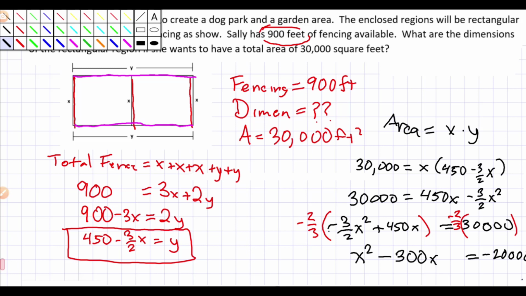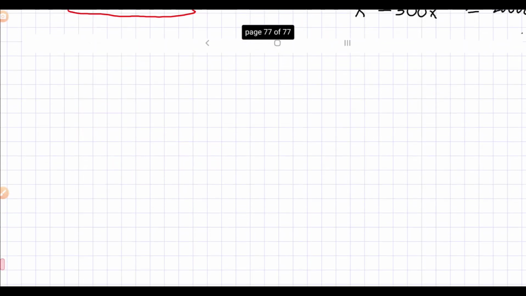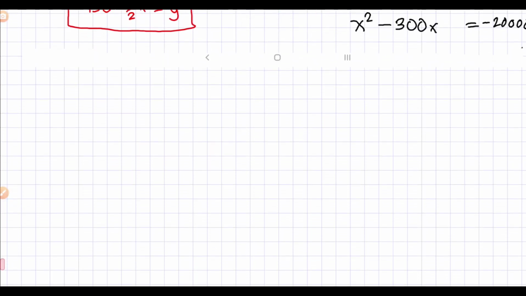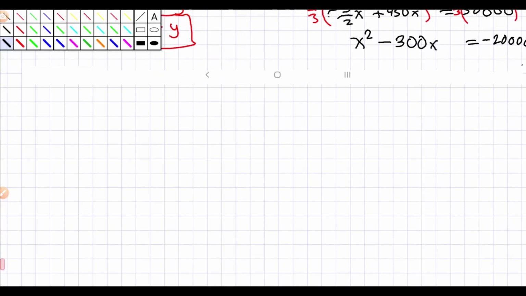So let me solve that problem. Let me give you a little more space so we can see here. So I'm going to solve this problem. I'm going to rewrite it. x squared minus 300x.